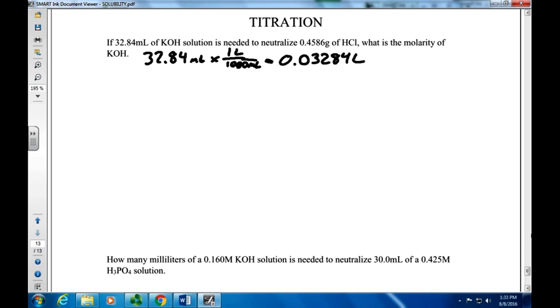In order to do that, you're going to have to find the molar mass, or molecular mass rather, of hydrochloric acid. And if you recall, it is 35.45 grams per mole plus 1.008 grams per mole, or 36.46 grams per mole.